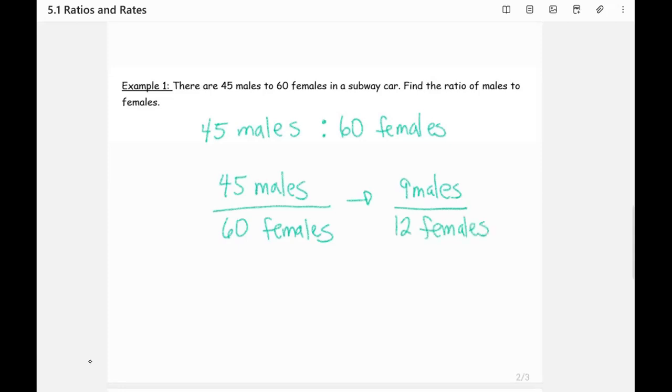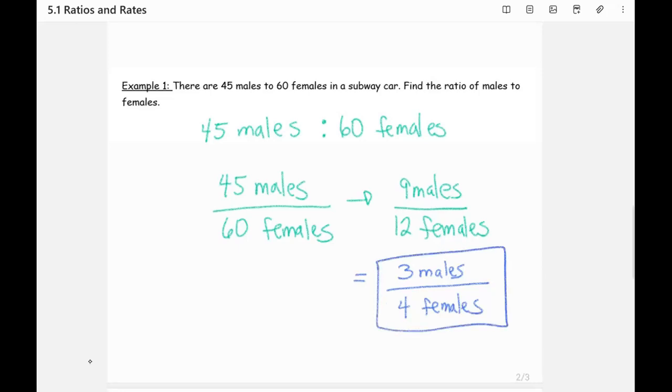Once you simplify, always check to see if you can simplify it further. In this case, I could simplify it further by possibly a 3. 3 goes into 9 3 times, so we have now 3 males. And 3 goes into 12 4 times, so we have 4 females. That is the most simplified form we have, so that would be the answer that we want.